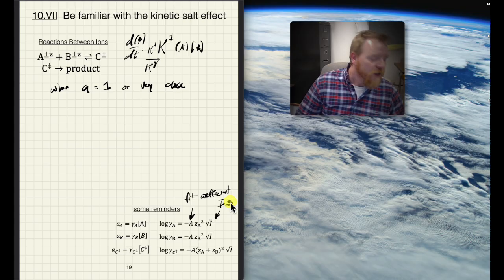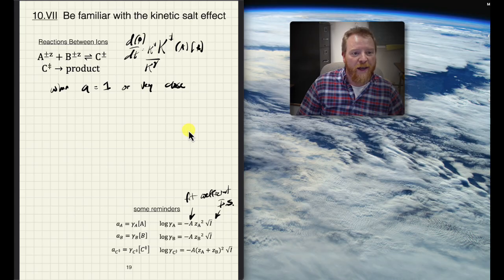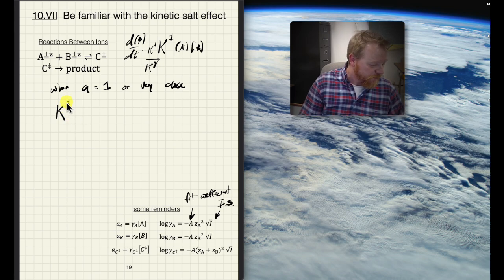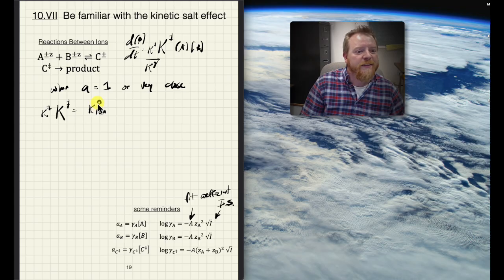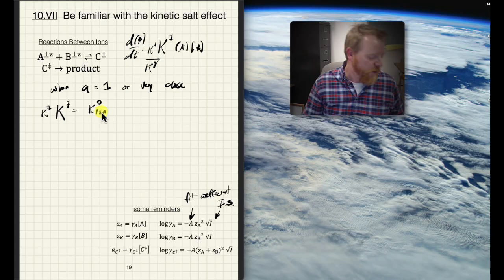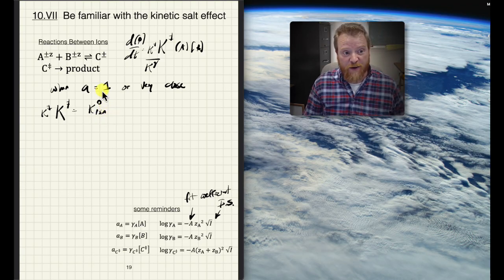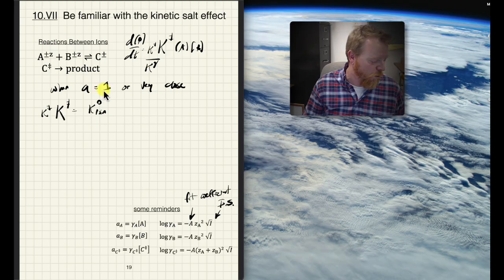Okay. So another way that we could state that is when that is the case, big K double dagger can just times the little k double dagger. This I'm just going to call k Rxn standard. So we're just replacing that whole top half with k Rxn standard because that is the standard value, right, when the activities are equal to 1.